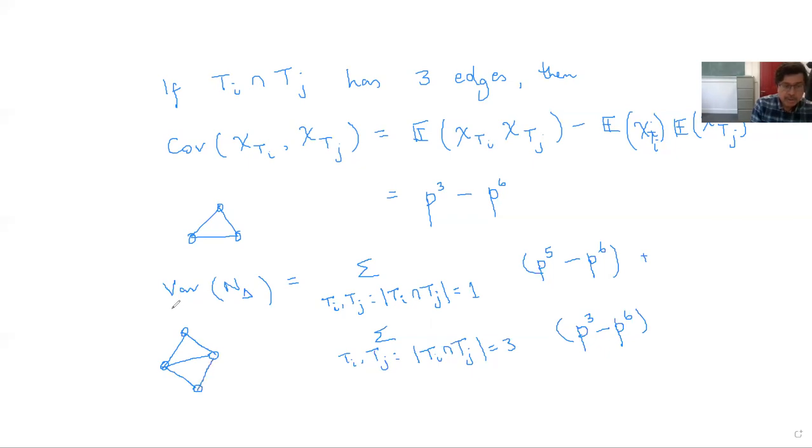So what we are doing is we are picking 4 vertices. If we pick 4 vertices, you can put the middle one this way or that way. So you have two choices of which edge is common. So you first have to pick 4 vertices, which you can do in n choose 4 ways.